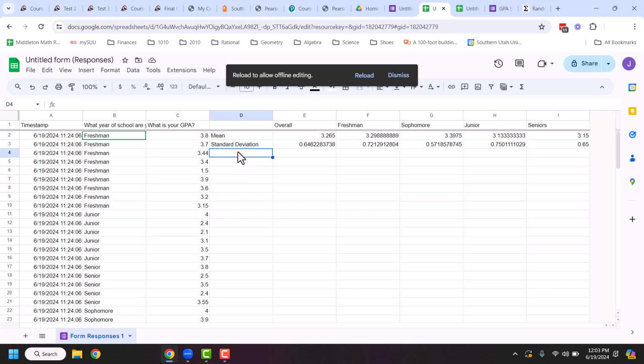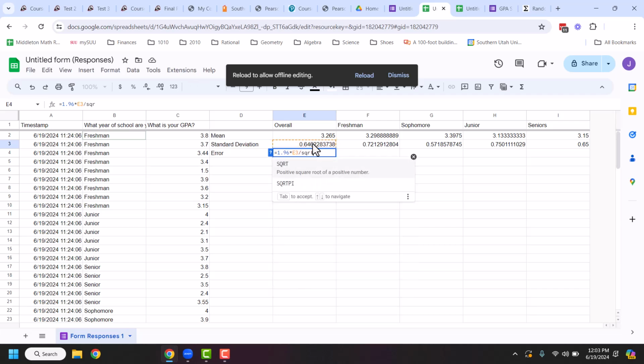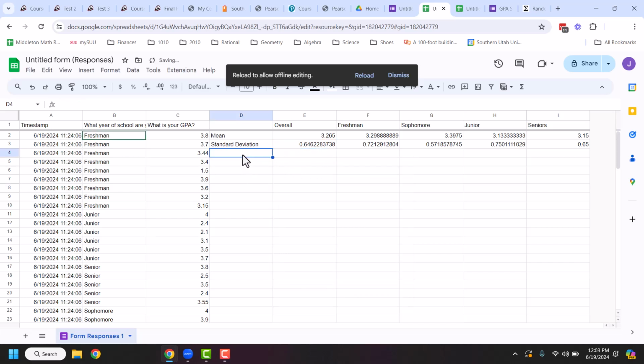So my overall error is going to be 1.96 times our sample standard deviation divided by the square root of, I guess I should actually count the number in each one. So let me fix that really quick.